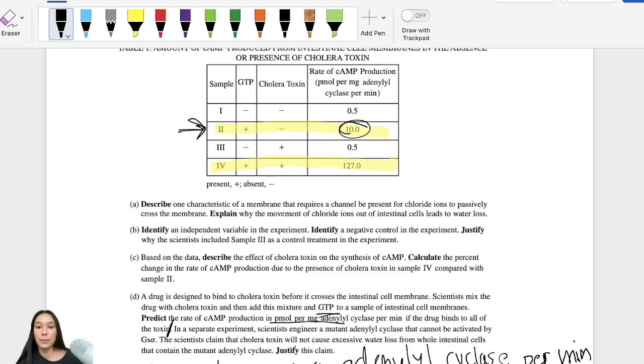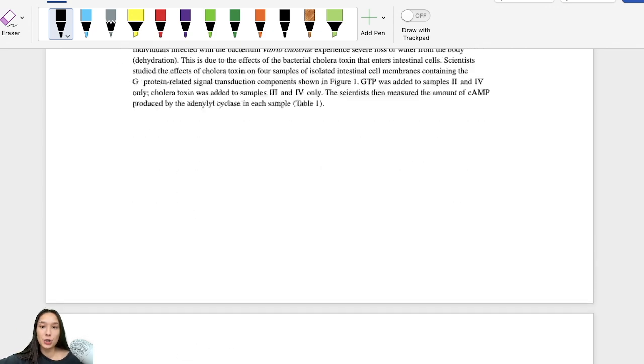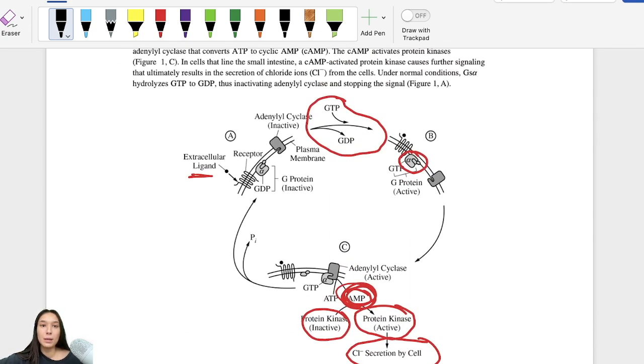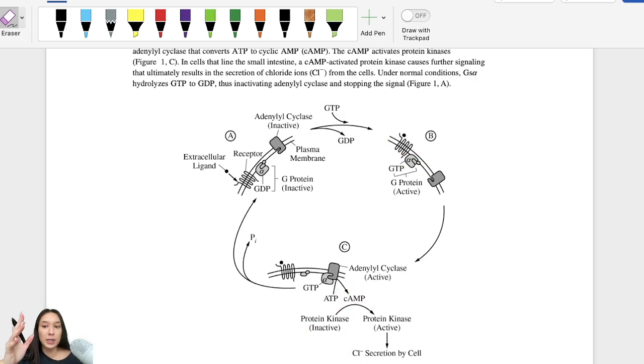Justify this claim. Okay, so we're doing a separate experiment where the adenylyl cyclase is not activated. So this kind of has us going back to our diagram here to just refresh our brains as to what adenylyl cyclase does.